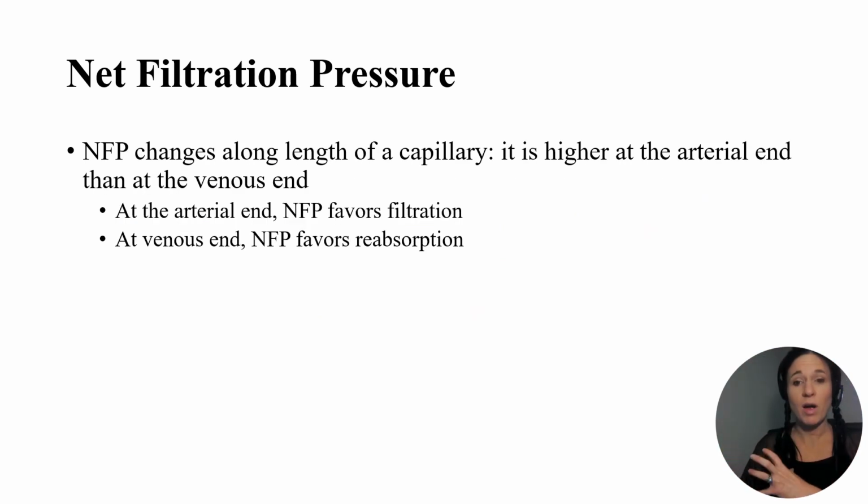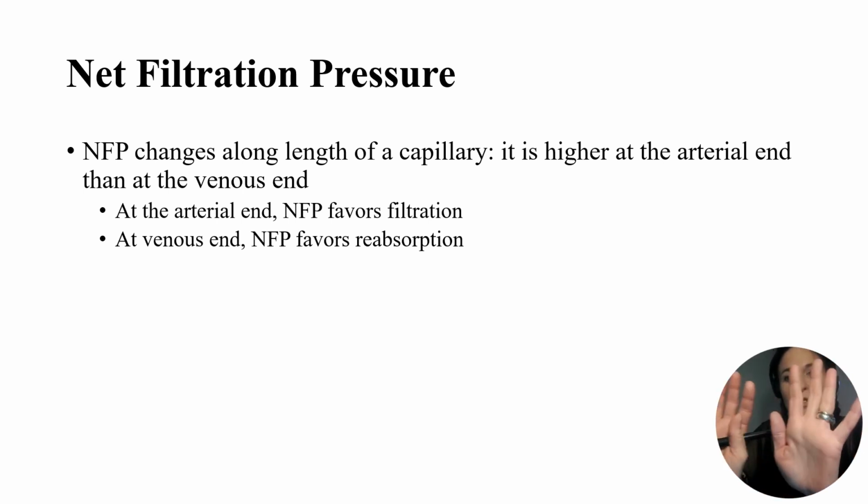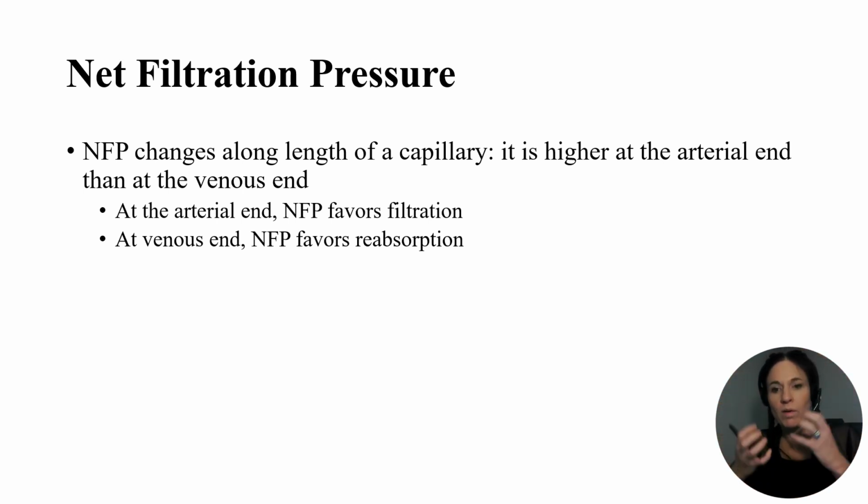As we draw this out and calculate the net filtration pressure, we can see that it changes along the length of the capillary, and it's going to be higher at the arterial end. Okay, so if we have this positive number, a higher net filtration pressure, that means that the hydrostatic pressure, or the push, is going to be greater than the colloid osmotic pressure, or the pull.